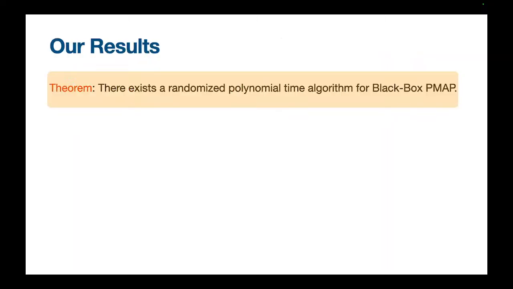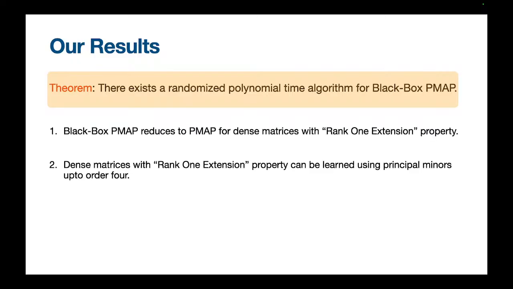Now I will mention what our results are. Our first result is that we give a randomized polynomial time algorithm for the black box principal minor assignment problem. And this we do in 2 steps. First we show that the black box principal minor assignment problem reduces to PMAP for a special class of matrices, and this special class consists of dense matrices.